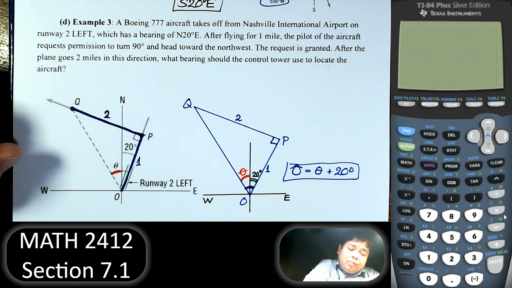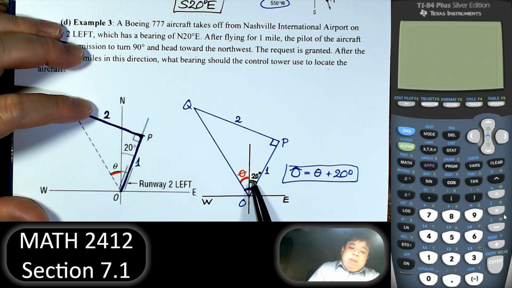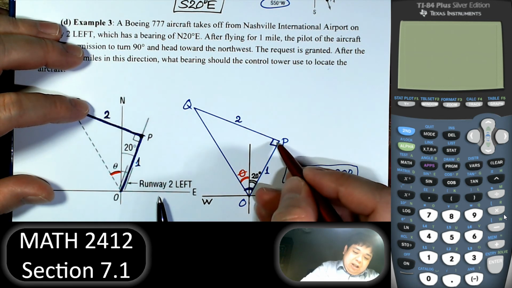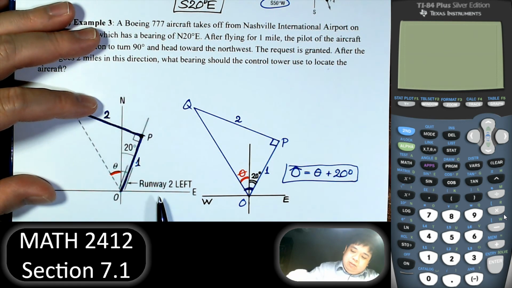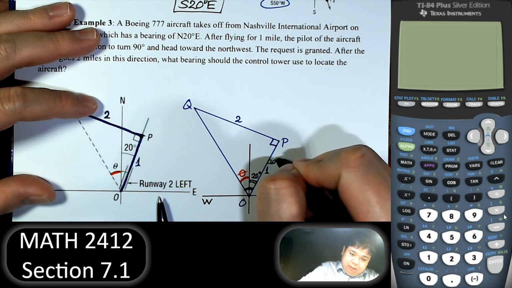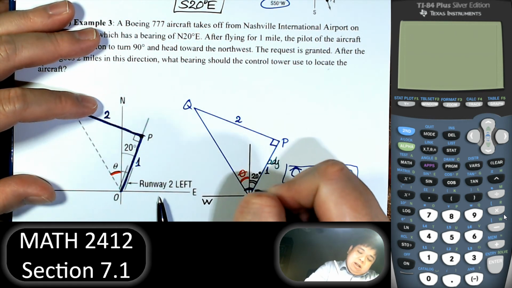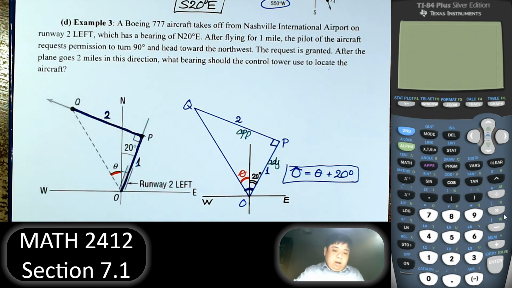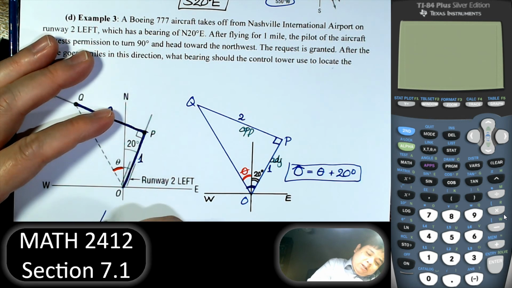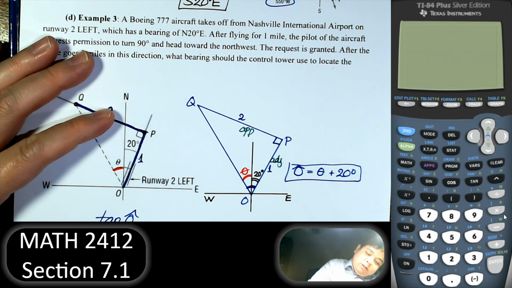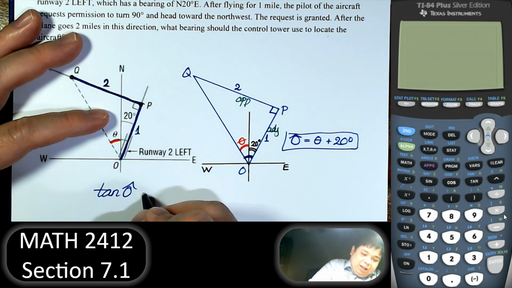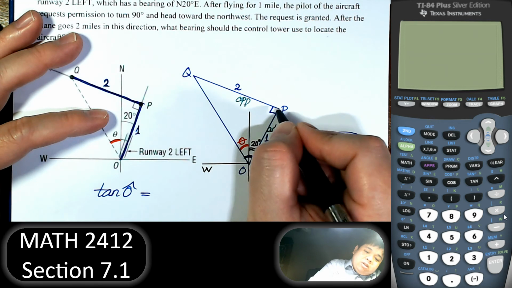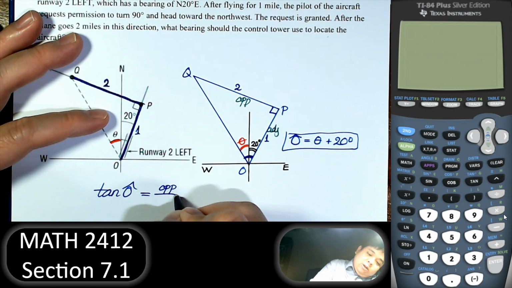Right. So with respect to angle O, here we have the adjacent, and that is the opposite, and we don't know the hypotenuse. Opposite, adjacent, that is tangent, right? So tangent of the angle O is equal to opposite over adjacent.